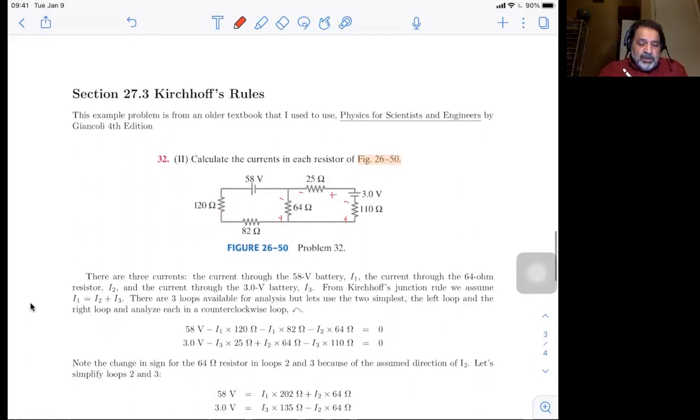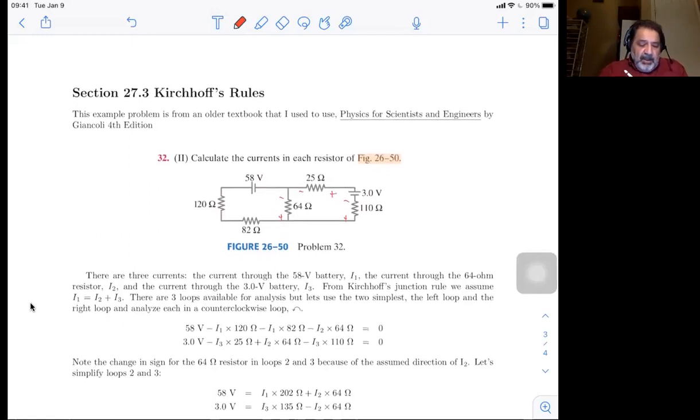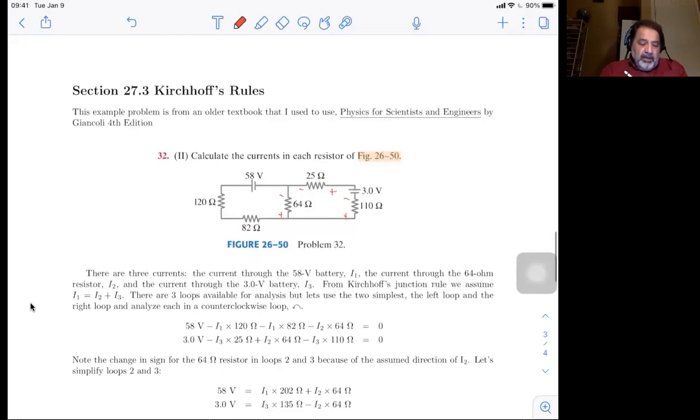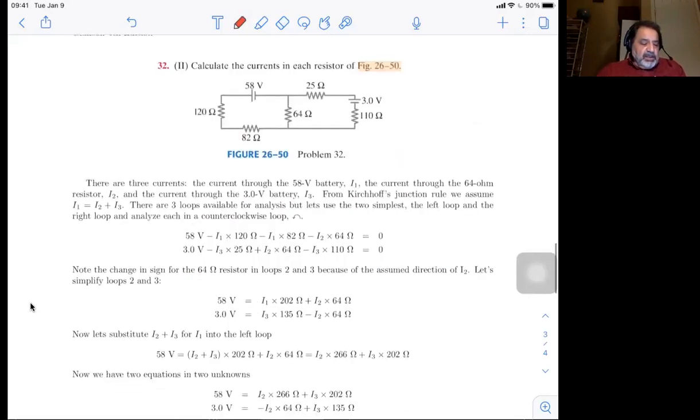So we have the 3 volts, it's a positive 3 volts. We're exiting the 25 ohms, so it's a minus I3 times the 25 ohms. Now notice as we exit the 64, it's positive, so it's a plus I2 times 64 ohms. And here, as we exit this 110, it's a minus, so it's a minus I3 times 110 ohms. So those are our 2 equations.